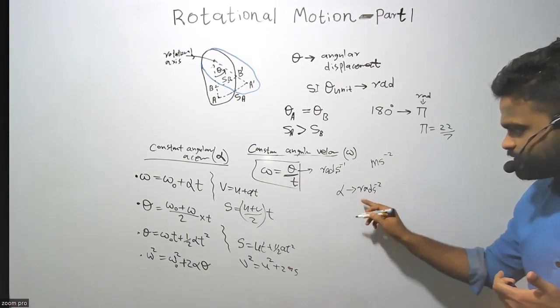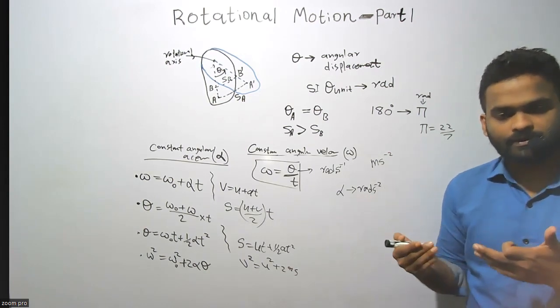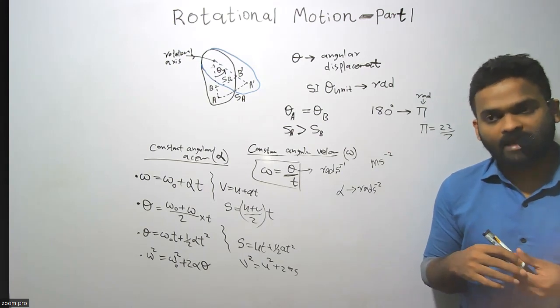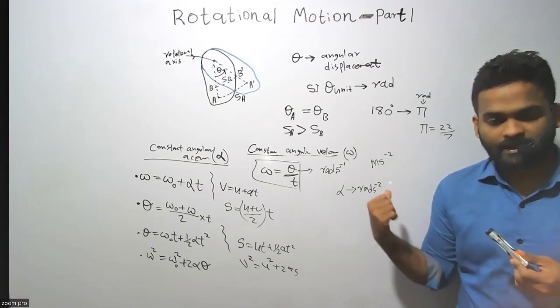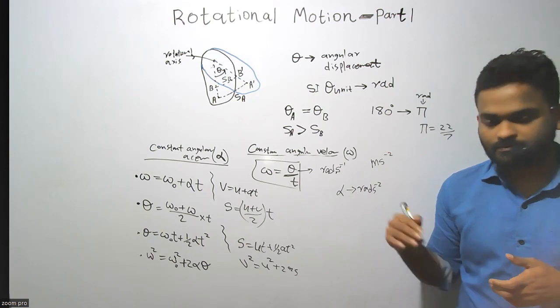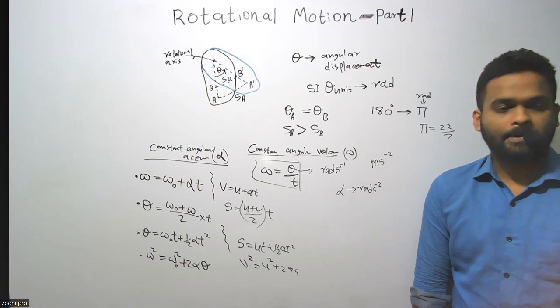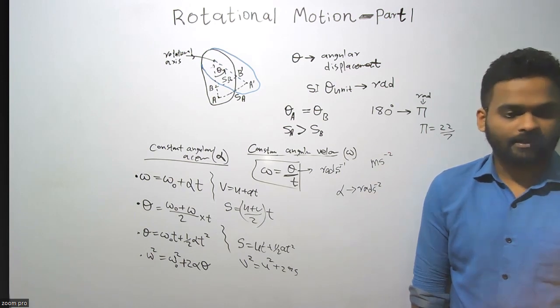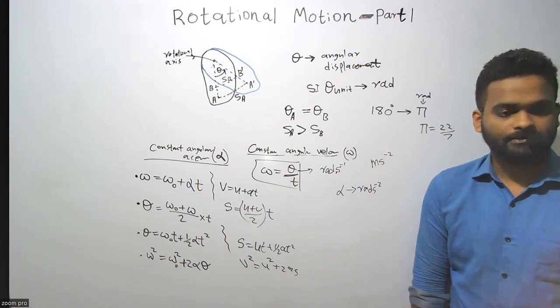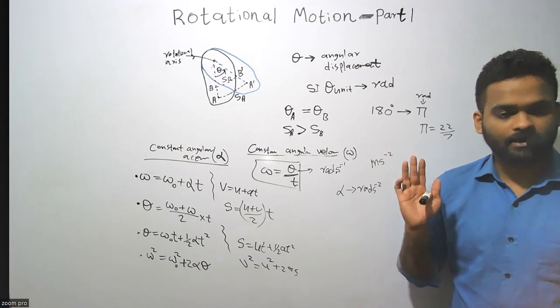So radians per square second. That's the only difference there, right? So alpha is angular acceleration. You can take those units down as well. It is measured using radians per square second. Take it down, and if you have any questions, you can ask me.